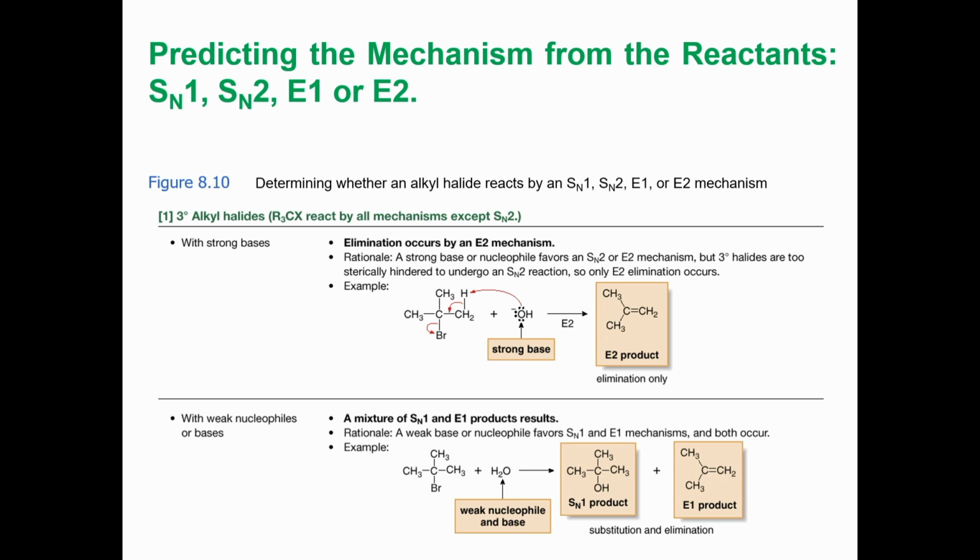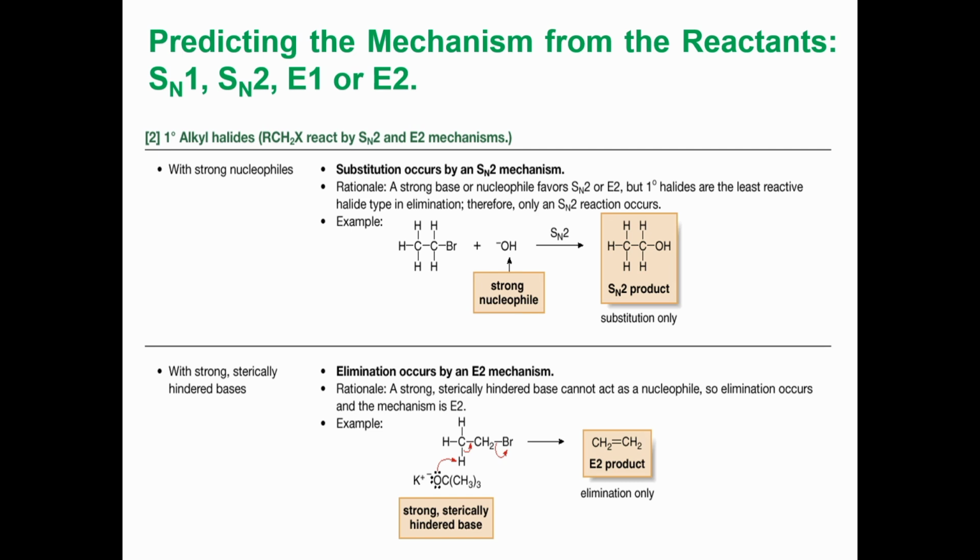Then the same tertiary alkyl halide with a weak nucleophile or weak base will form SN1 and E1 products. Remember, tertiary is favored by E1, while tertiary is still favored by E2. But strong bases favor E2, while weak bases favor E1.